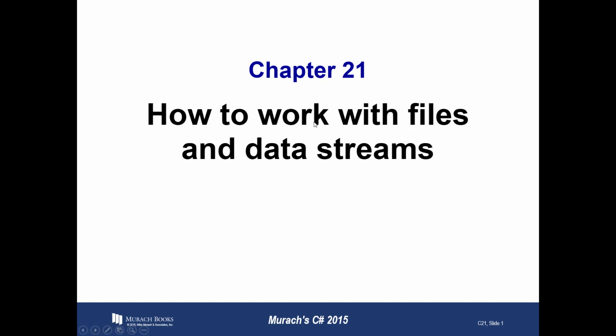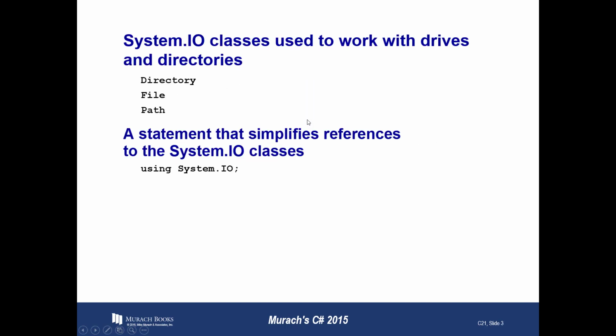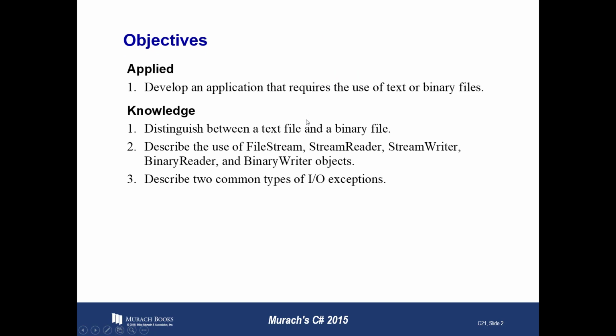Alright, so again, how to work with files and data streams. We have one applied objective, that is to develop an application that requires the use of text or binary files, and 3 knowledge objectives. Distinguish between a text file and a binary file. Describe the use of FileStream, StreamReader, StreamWriter, BinaryReader, and BinaryWriter objects.